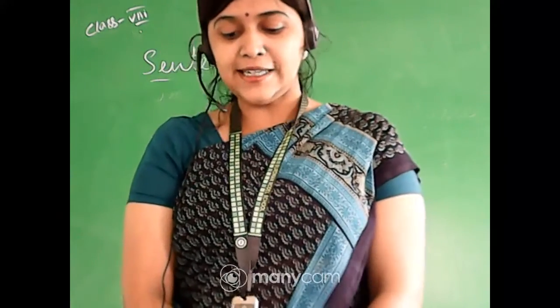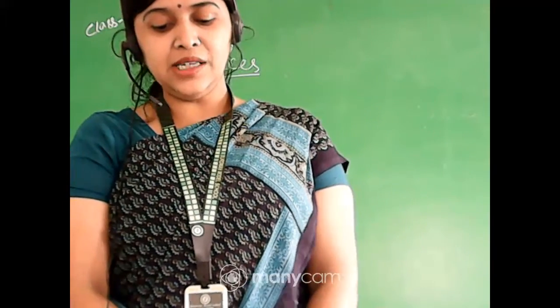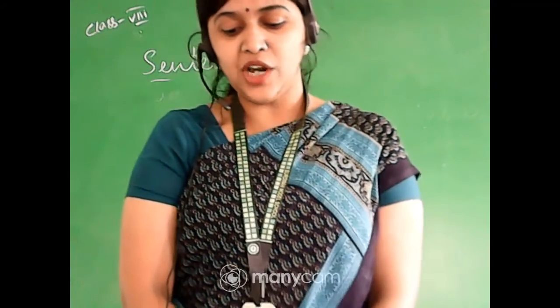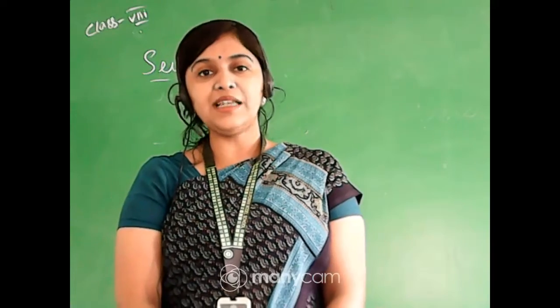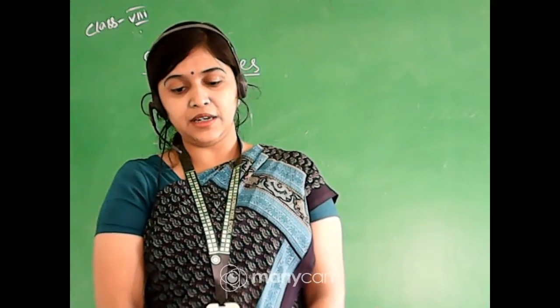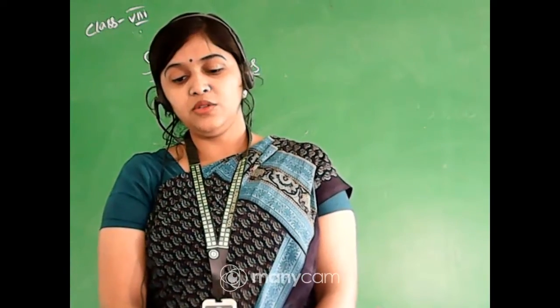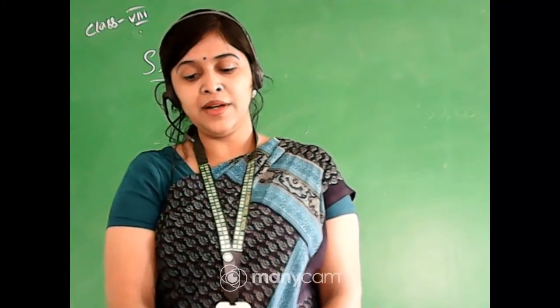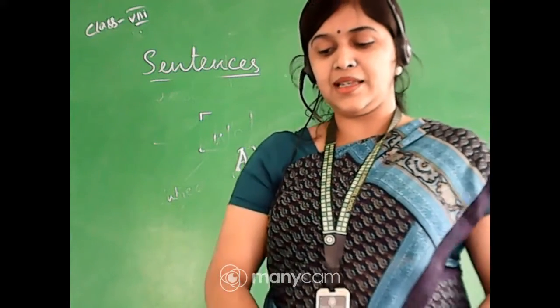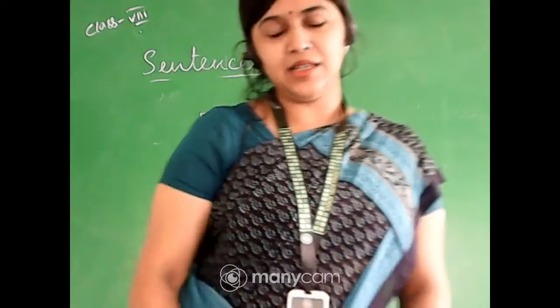Okay. So the first exercise, Meena has come first in the race. Meena, subject, has come first in the race is the predicate. Question number 2, lazy boys come last. Subject is lazy boys and come last is the predicate.